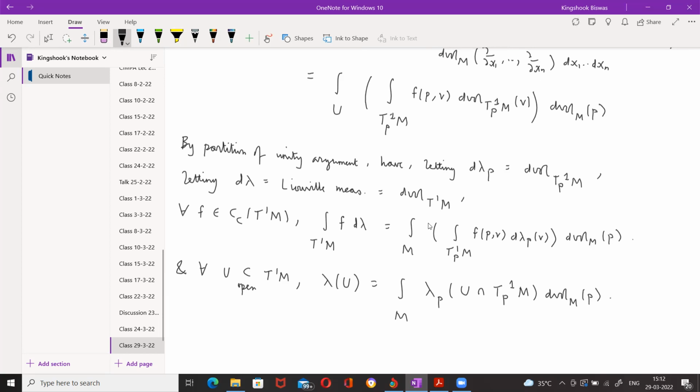The second one I get by approximating the indicator function of U by compactly supported functions, right? Okay, so I get this.